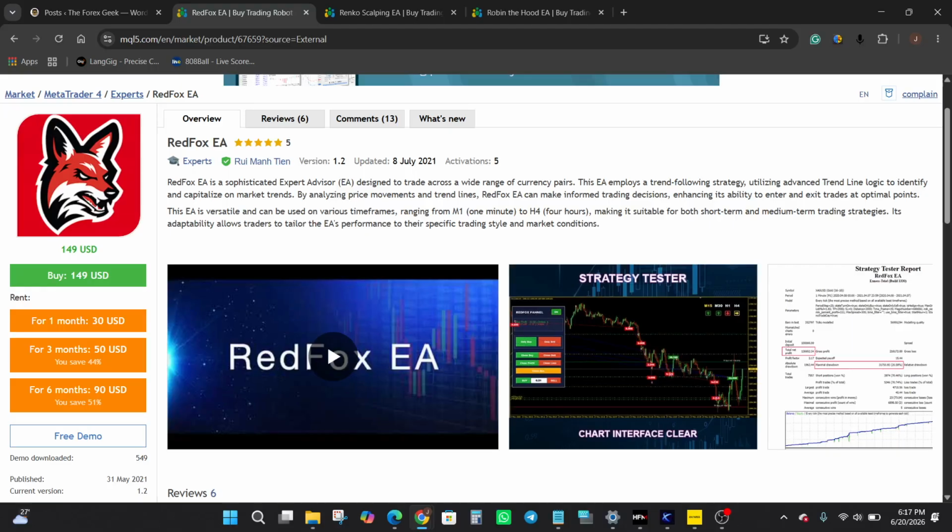Now, another interesting aspect highlighted on the page is flexibility. RedFox EA is designed to work across multiple time frames ranging from M1 all the way up to H4. That gives traders the ability to adapt the EA to different trading styles, whether they prefer shorter term market activity or somewhat longer term trend development.